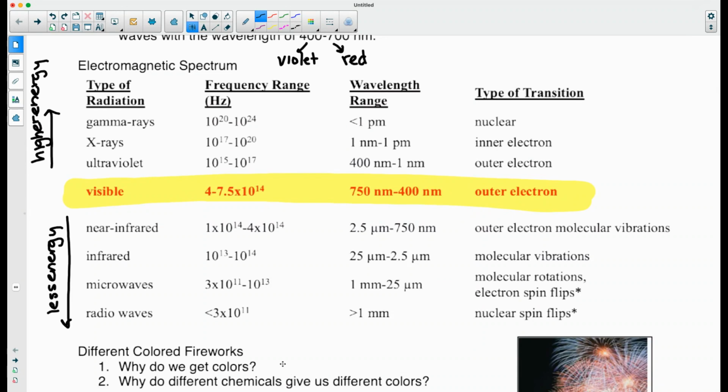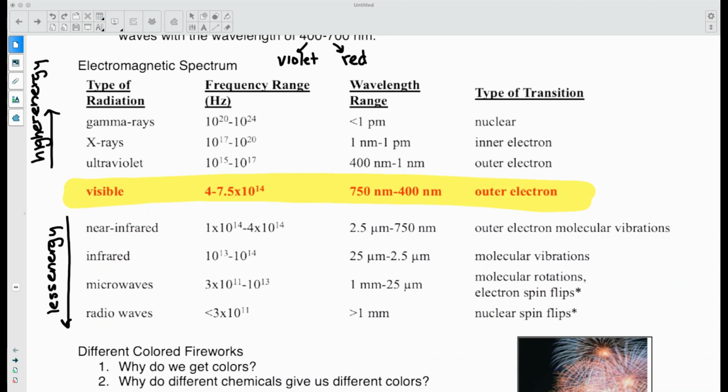Now, when we are talking about these different amounts of energy for the electromagnetic spectrum, we can also talk about what those types of electromagnetic radiation can do in terms of the atoms and molecules.